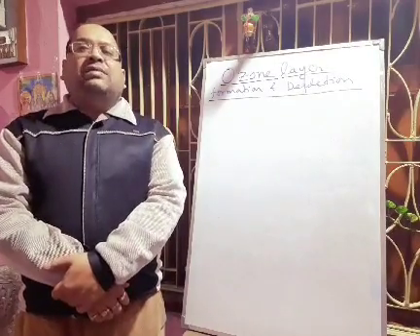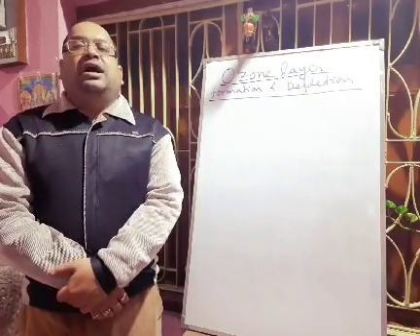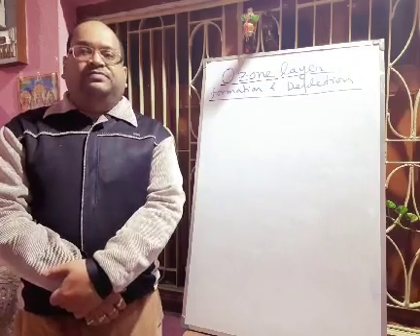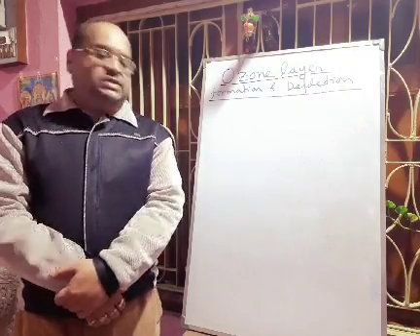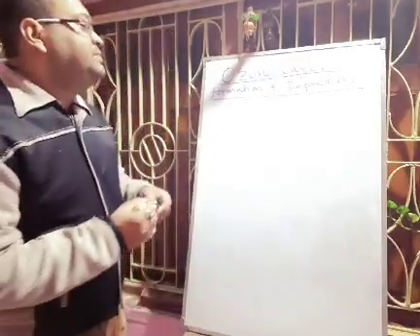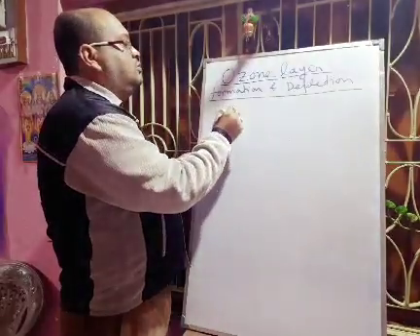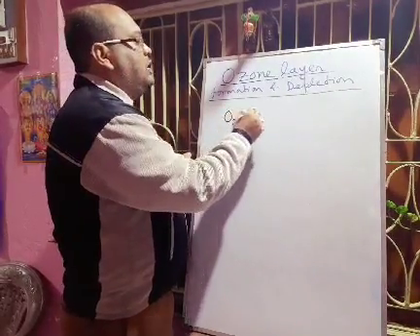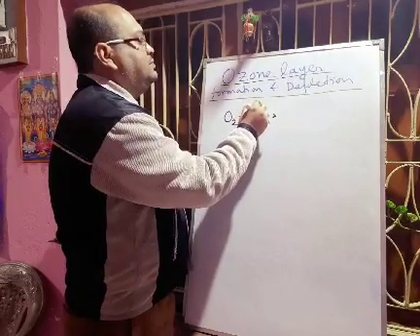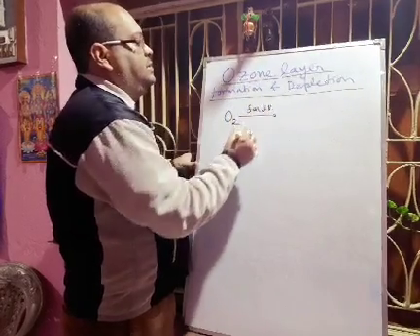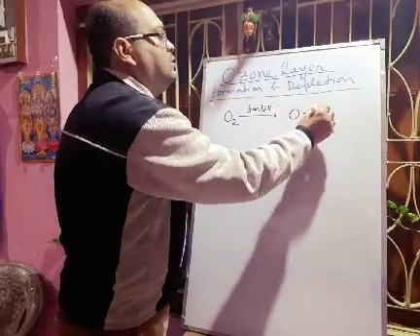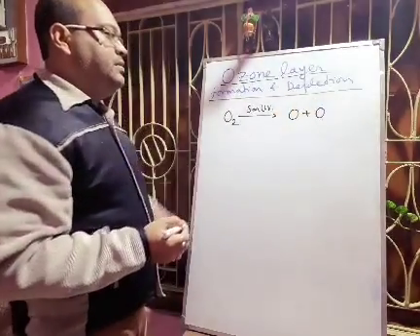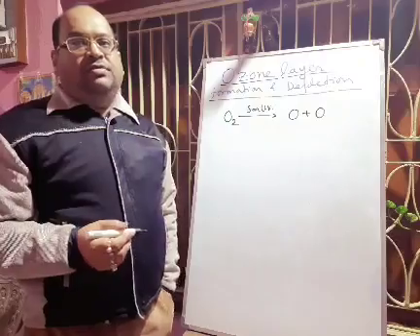High energy ultraviolet radiation is called far UV. It will break the oxygen molecule. Suppose I am showing that this is an oxygen molecule, O2. When you apply far ultraviolet light, that will produce free radicals, that means oxygen atoms will be formed.